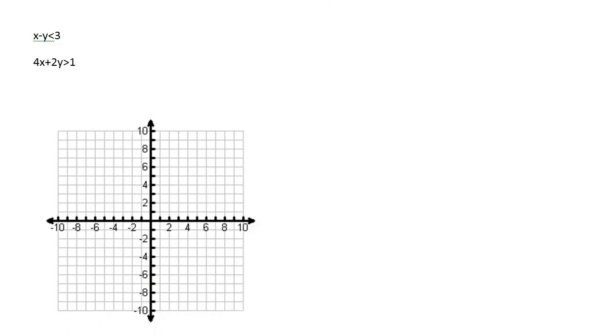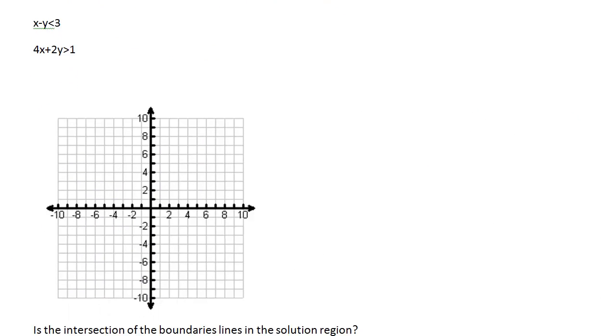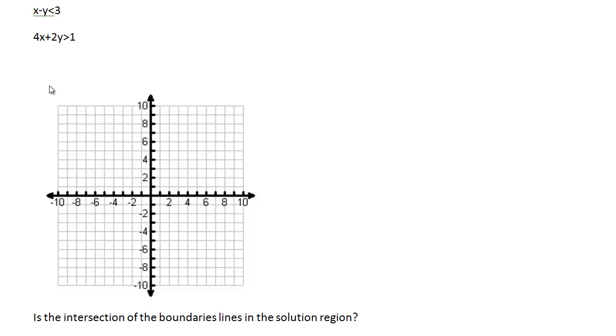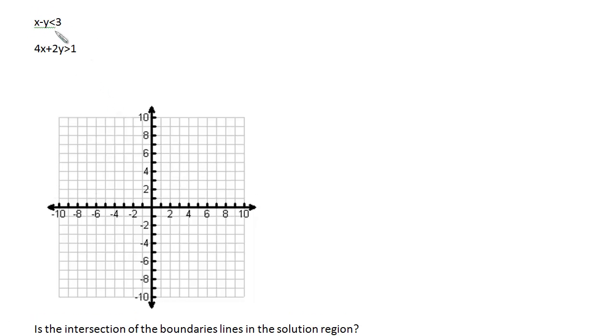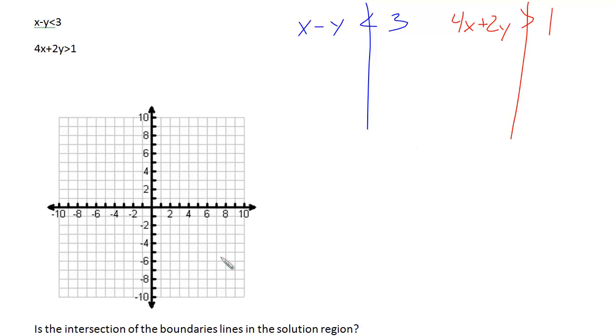So let's look at this example. So these ones require a little bit of manipulating. So I'll go ahead and write them over here to the right. And I'm going to go ahead and start by subtracting an x from both sides here.